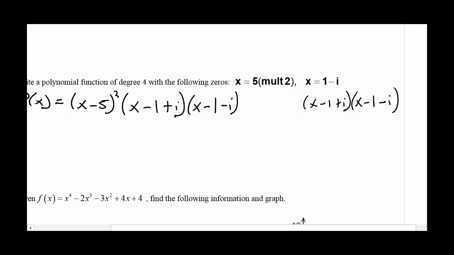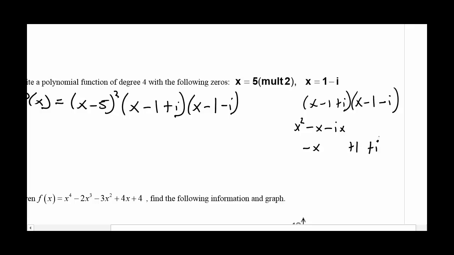Okay, so I'm going to do a triple distribute here. x times x is x squared. x times -1 is negative x. x times negative i is negative ix. Yay. Then I'm going to move to the -1. So -1 times x is negative x. -1 times -1 is positive 1. And -1 times negative i is positive i.